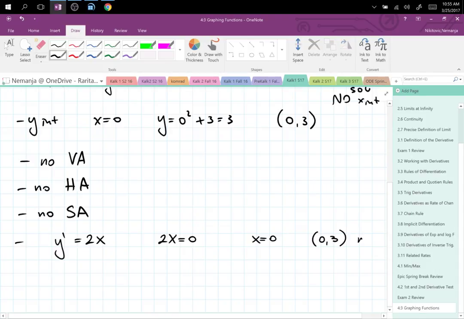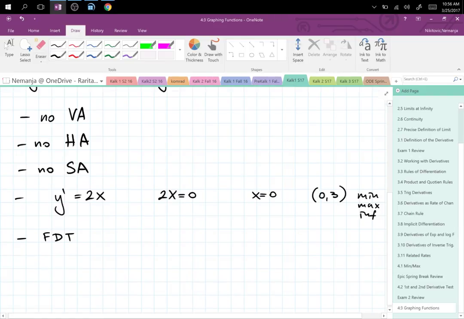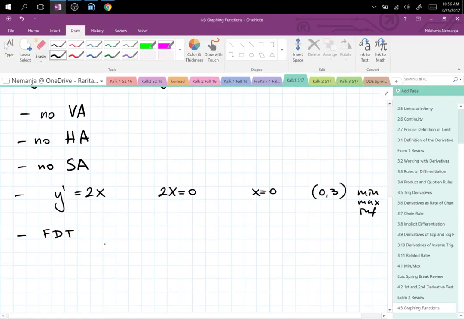Now (0, 3) is either a min or a max or an inflection point, and we'll cross it off the list once we get there. So now we're going to do the first derivative test, and since we only have 0 to worry about and no vertical asymptotes for further partitioning, this is what we learned last time.